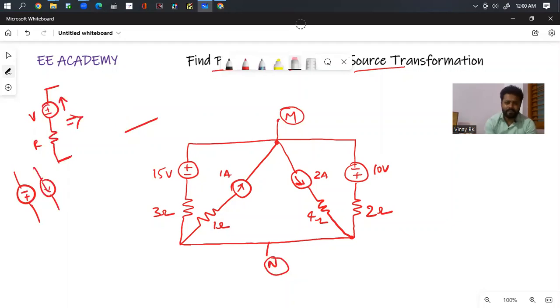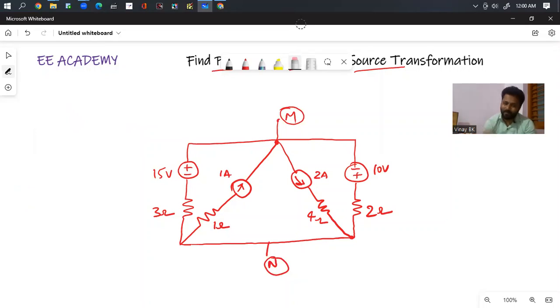Now we'll apply this technique to this problem, which is quite tricky. Why I'm telling you this is a tricky problem: you can observe there is a resistance connected in series with the current source. You always know that a resistance is connected in series with a voltage source, and a current source is always connected parallel to the resistor.